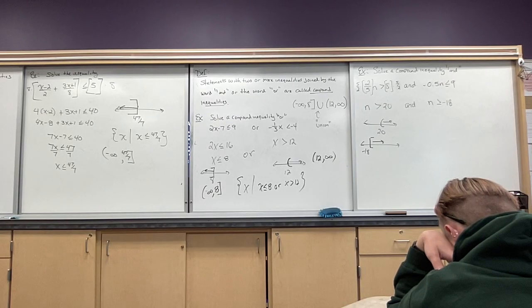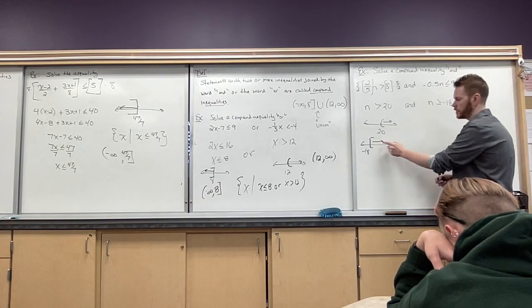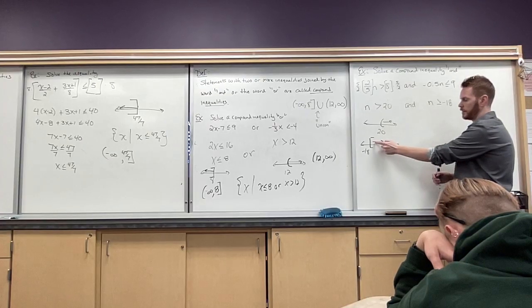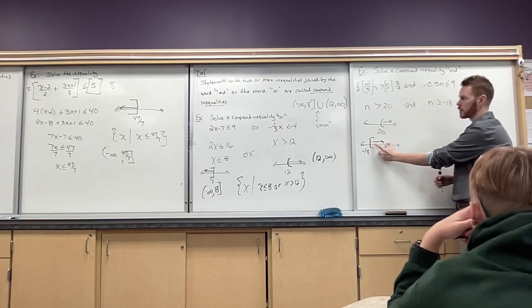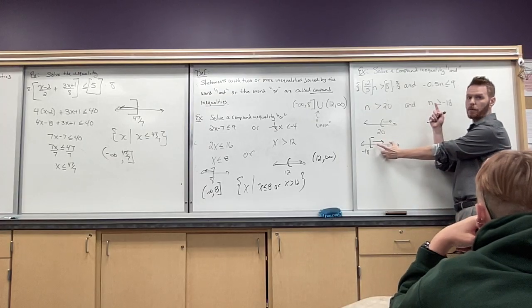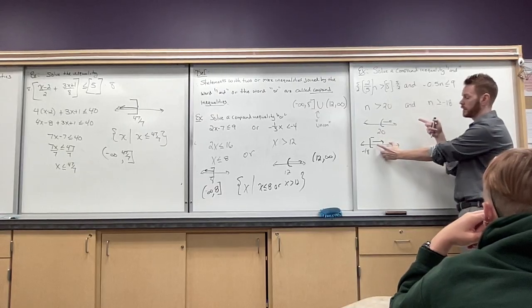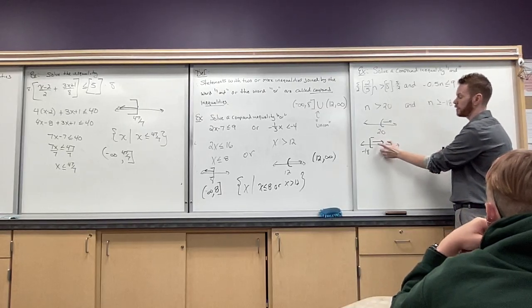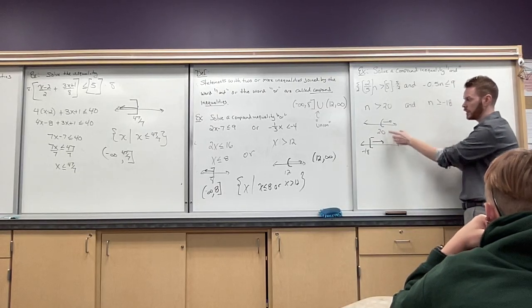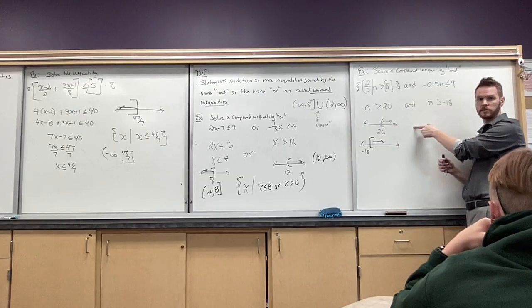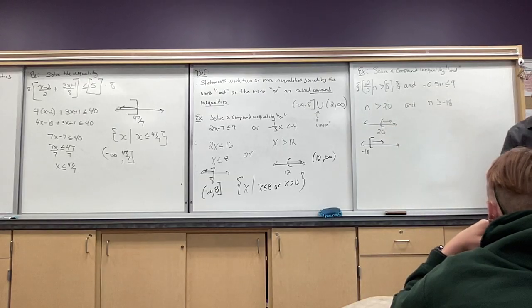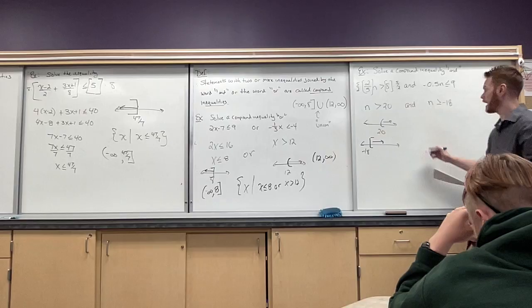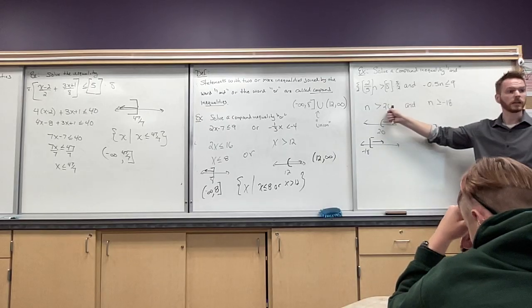So visually, until I get to 20, this range of numbers is only working for one of these, right? I want it to work for both. So for them to work for both, isn't this eventually going to hit 20 and go beyond, just like this is? So therefore, the only solution set for this guy is when n is bigger than 20.